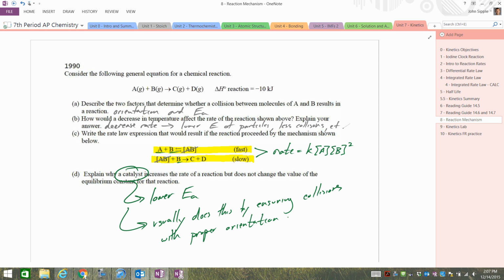Think about an industrial scale, with companies trying to produce large amounts of a particular product. If they can figure out a way to do it with a catalyst, they don't have to worry about heating up the reaction or cooling it down or keeping it cool. Think about the amount of energy it would take to warm up a pot of water, and then thousands of liters in large industrial scale reactions.